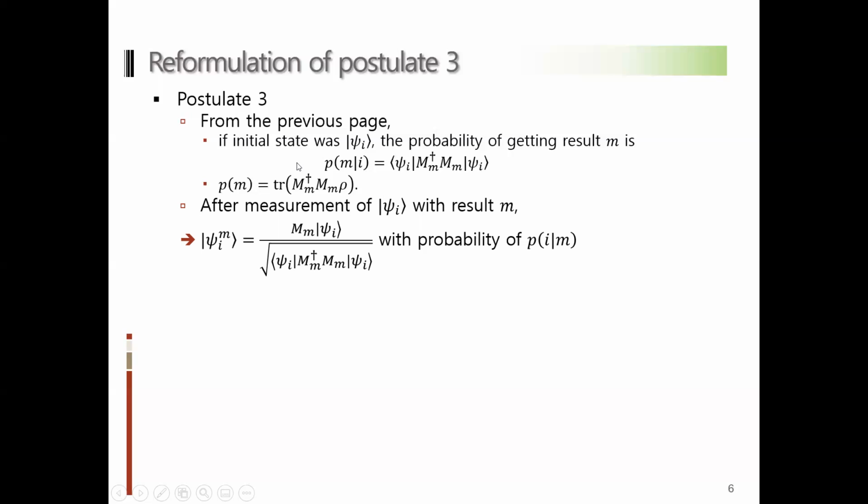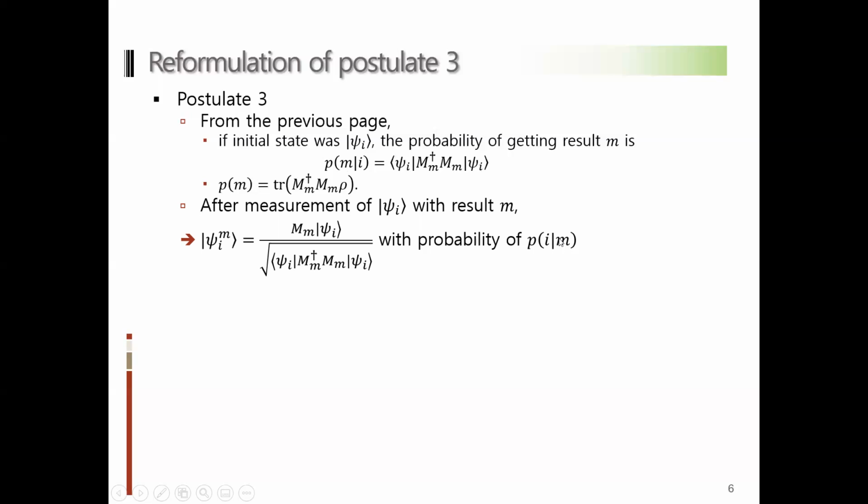So here the probability can be different. This kind of probability formula considers different values of m. However, here we are only considering the case when we measure a value m.